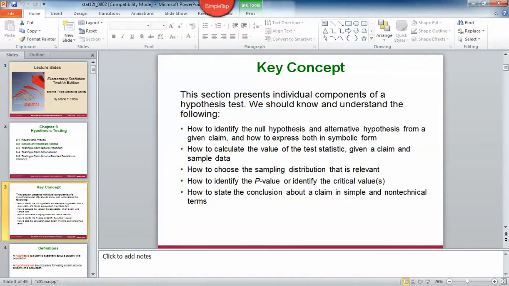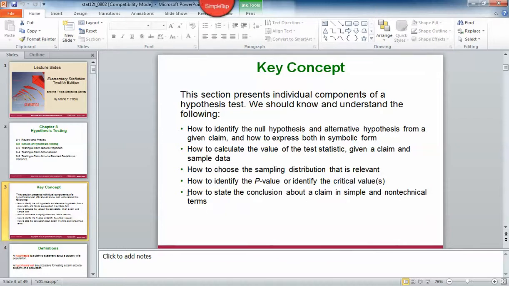Then we'll go over how to calculate a test statistic given a claim and sample data, how to choose the sampling distribution that is relevant. So is it Z? Is it T? Is it chi-square distribution? How to identify the p-value or identify the critical values, and how to state the conclusion about a claim in simple and non-technical terms.